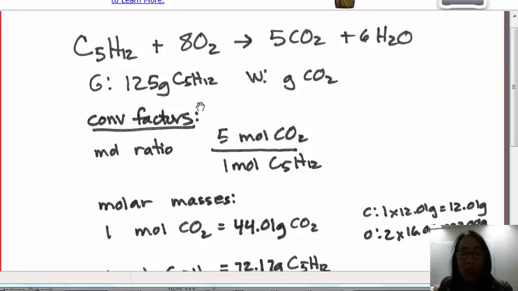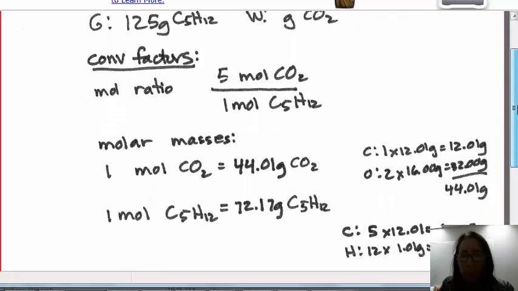My mole ratio always has the moles of the chemical that I'm given, which is C5H12, with the stoichiometric coefficient from the balanced chemical equation. So in this balanced chemical equation, C5H12 has a coefficient of 1. And then the chemical that I'm trying to get to, CO2, goes in my numerator. So moles of CO2 and 5 moles, where that 5 comes from the balanced chemical equation. So I know I need a mole ratio, so I go ahead and write that down.